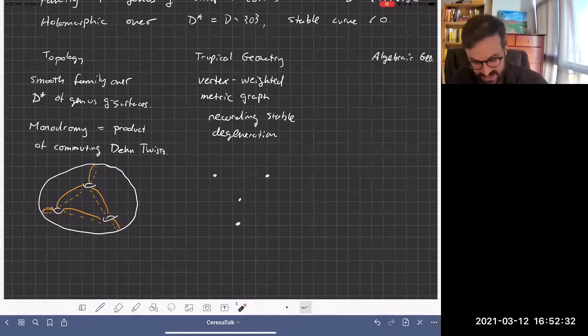So in this picture, we have 4 irreducible components corresponding to the 4 chunks here, and then you have an edge between each pair of curves that share a node.